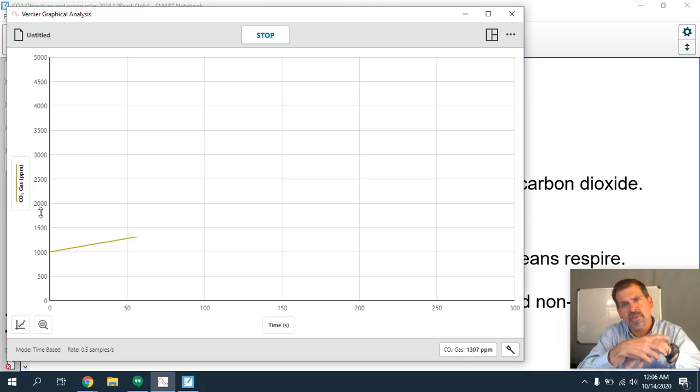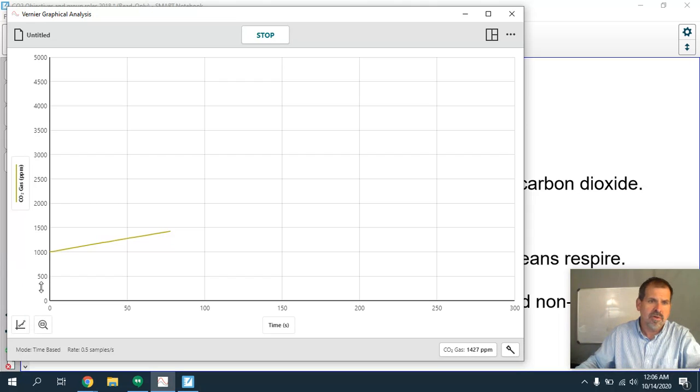Right now, typically there's about 406 to 407 parts per million CO2 in the atmosphere. That means that if you took a breath of air and divided it into a million pieces, 406 of them would be carbon dioxide. So not very much at all.